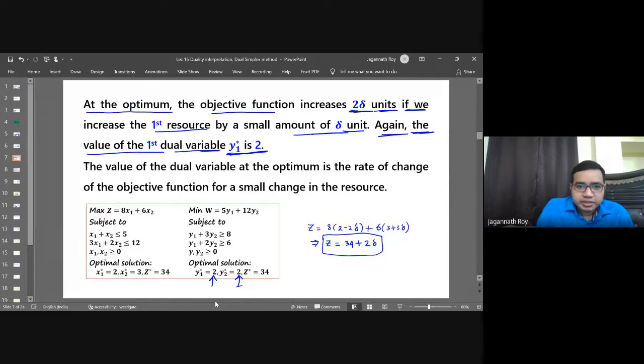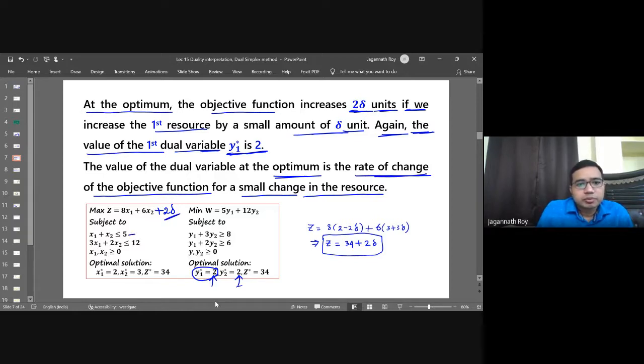So the meaning of this is the value of the dual variable at the optimum. When we have reached the optimum level, the rate of change of the objective function for a small change in the resource is nothing but the value of the dual variable. So here we are seeing 2 delta. So this 2 is actually the rate of change.